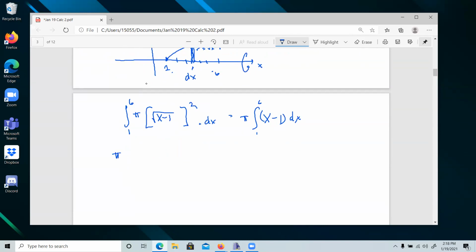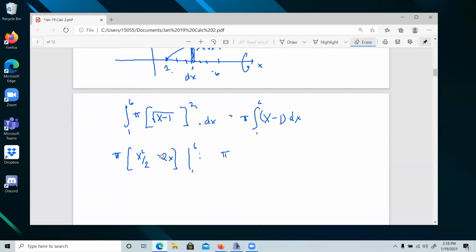So here we go. We have pi, we have x squared over 2 minus x, and we're going from 1 to 6. That's all there is to do with this one. You don't need a C, these are all definite integrals. Let me see, what did I write down 2x for?